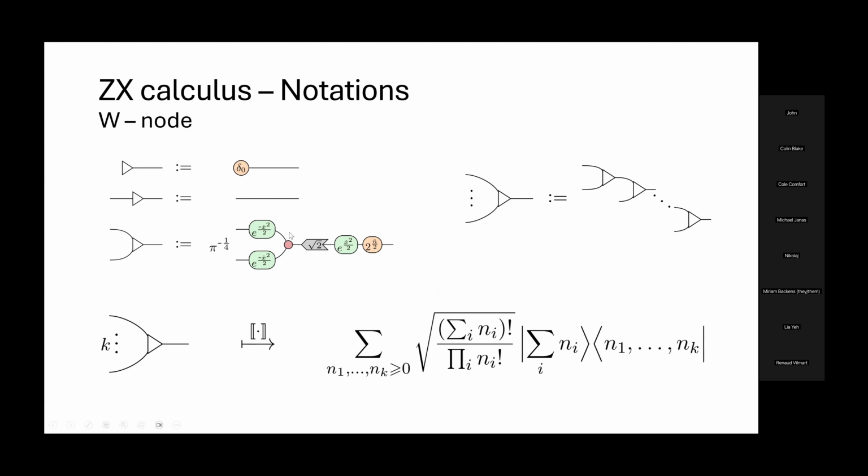The main intuition is that the X spider does addition modulo d and the W does just addition. Okay, right. I guess the qubits are the ones that are special. Okay, thanks.